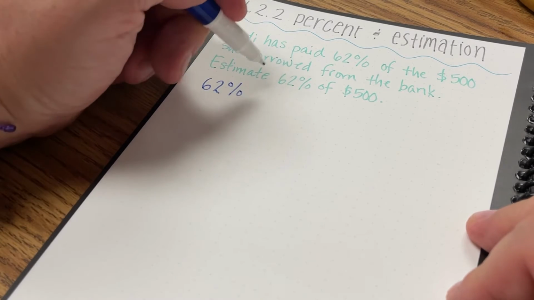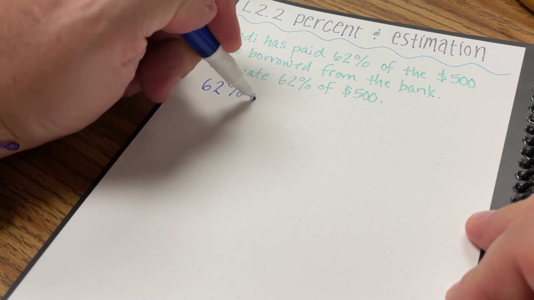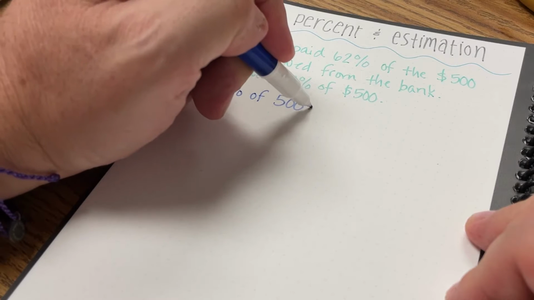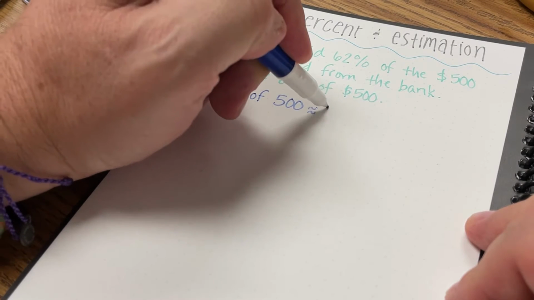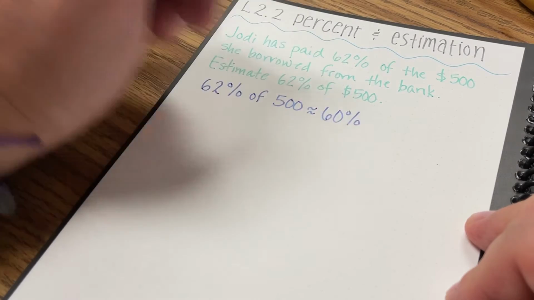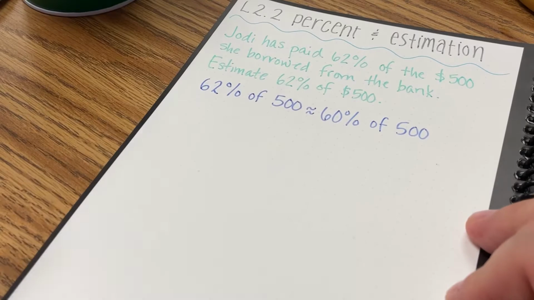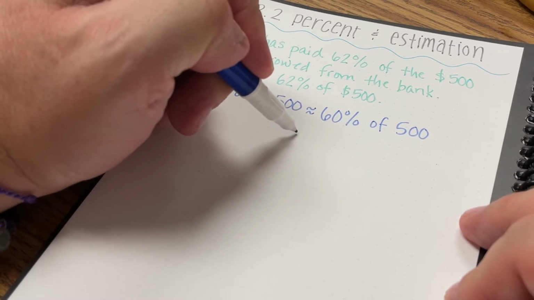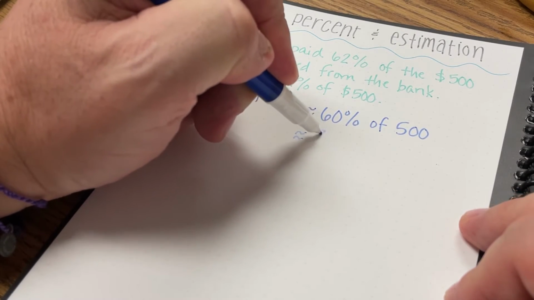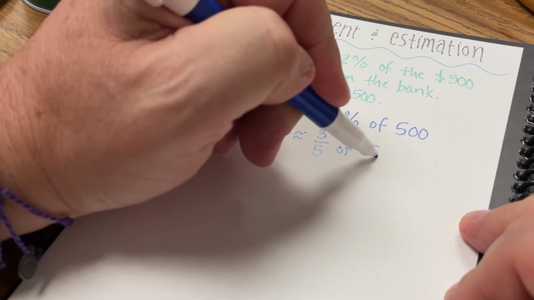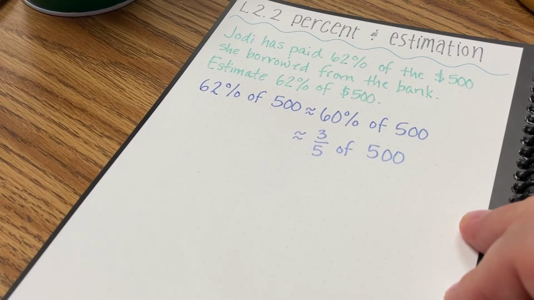So how about I think of 62% of 500 as about 60% of 500. So I'm going to rewrite 60% as the fraction 3/5.